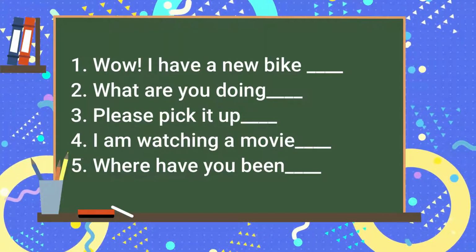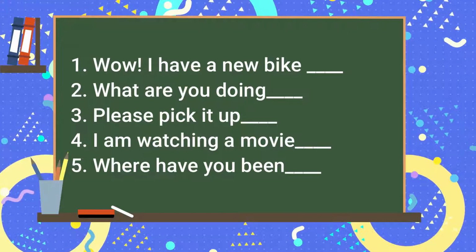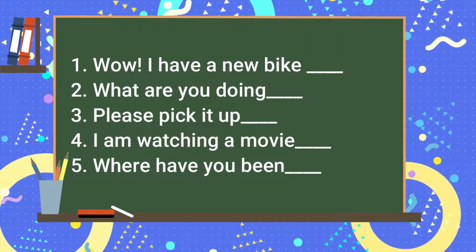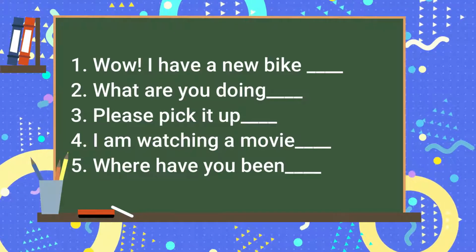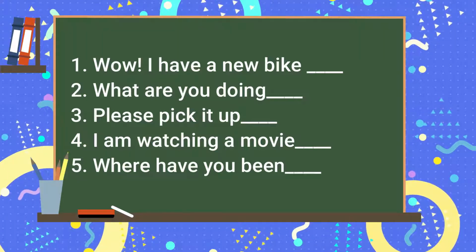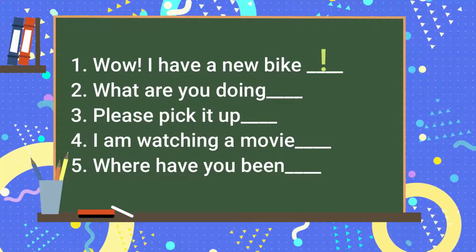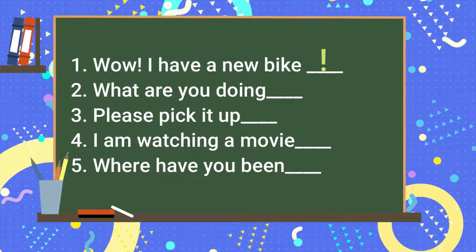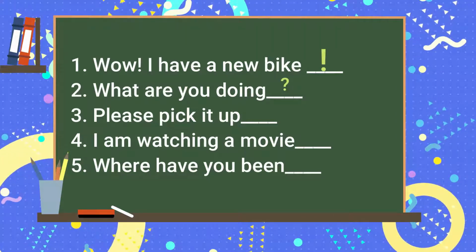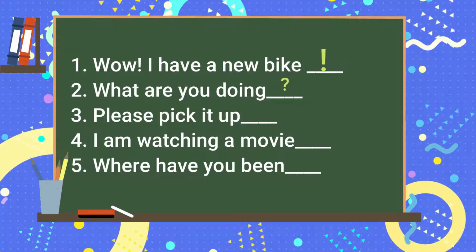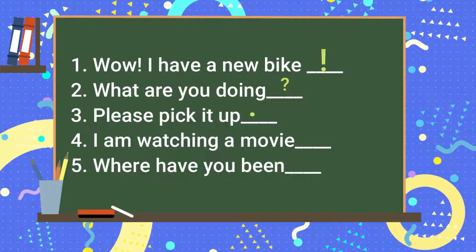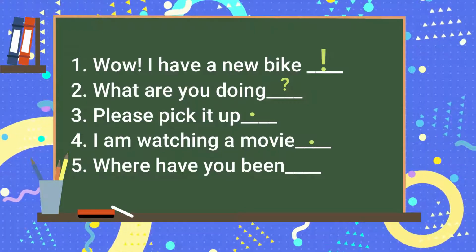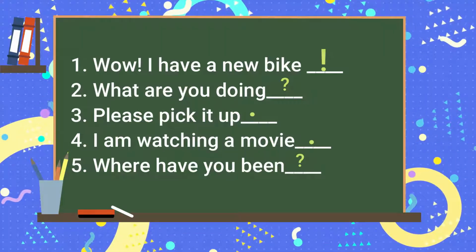Number 5, where have you been? And now, let's try to check your answers. The correct answer for number 1 is exclamation point. Number 2, question mark. Number 3, period. Number 4, also a period. And number 5, a question mark.